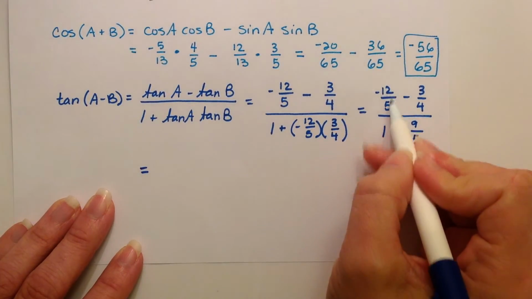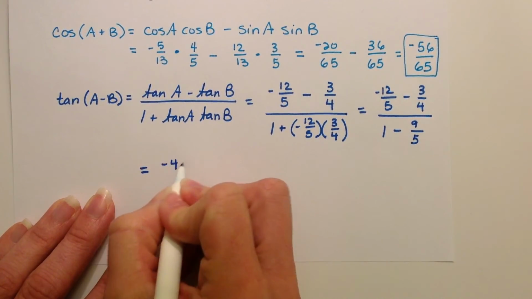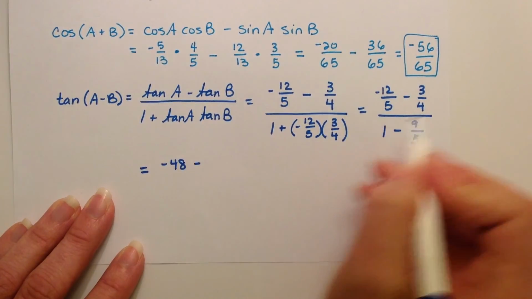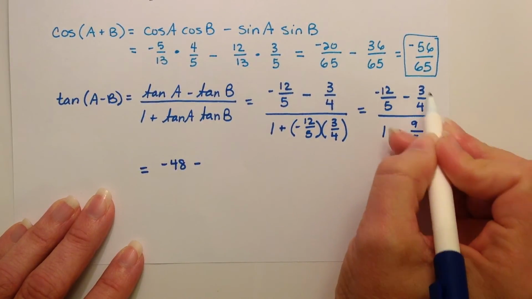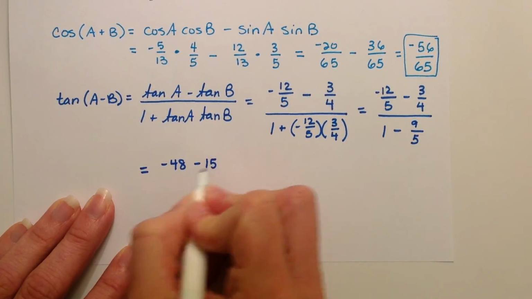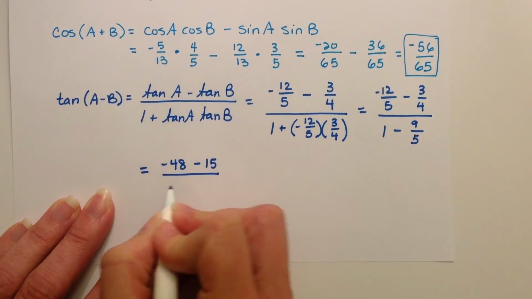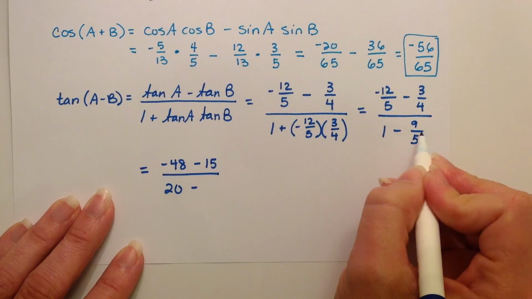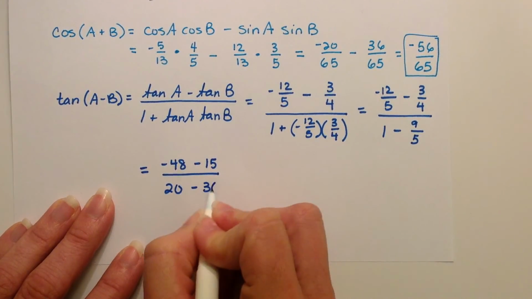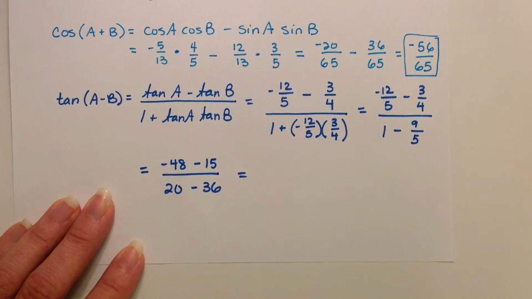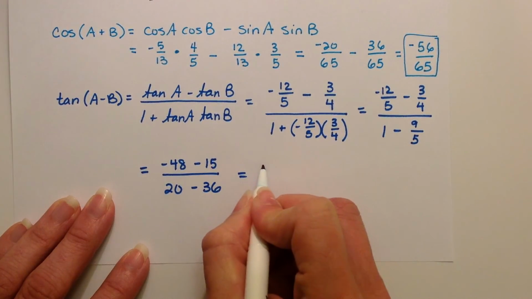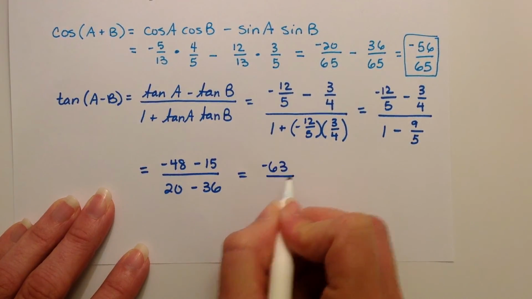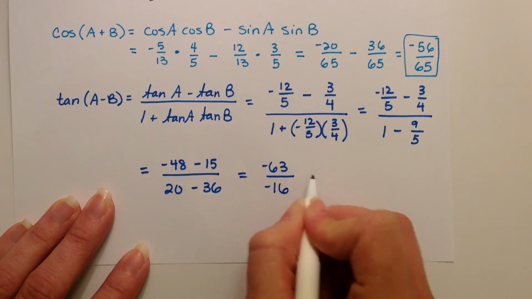All right, so multiplying this times 20, I'm going to get negative 48. Multiplying here by 20, I'm going to get 15. Of course, 1 times 20 is 20. And multiplying this by 20, I would get 36. So I end up with, my numerator is negative 63. Of course, on the bottom, you get negative 16.